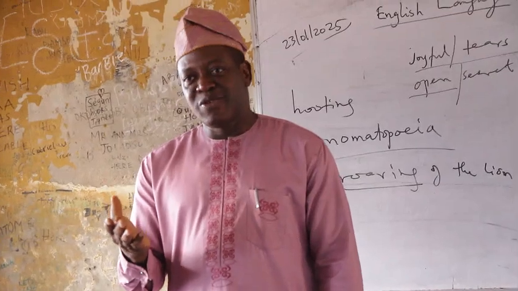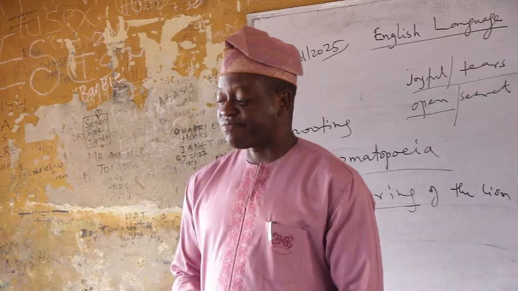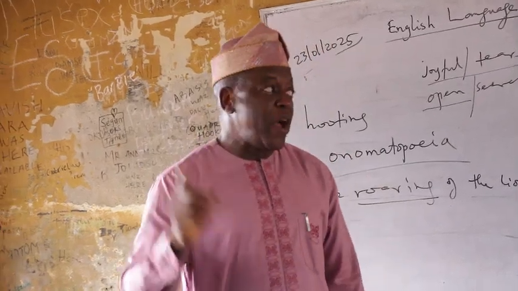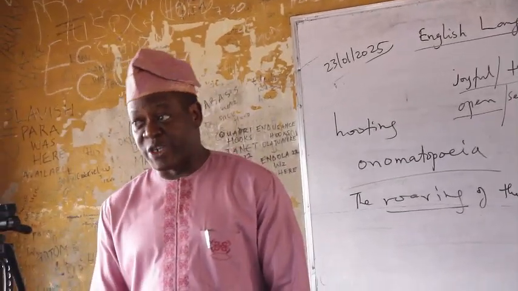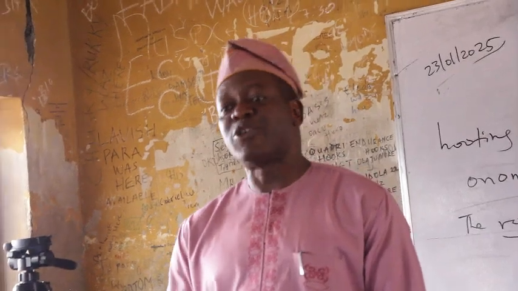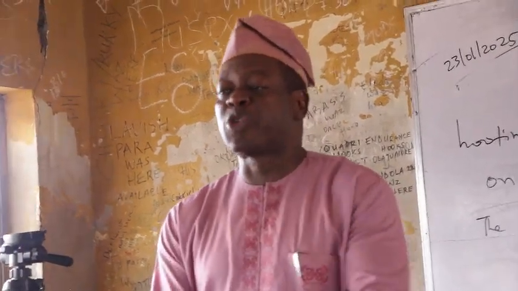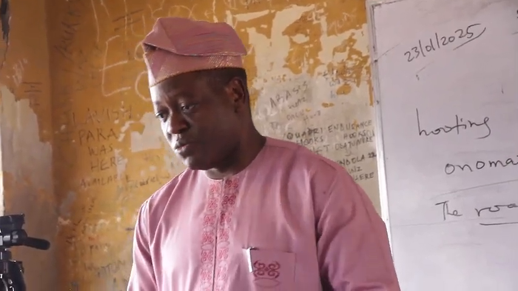And the examiner is magnanimous enough to even say that where there is a word that you cannot replace with your own word, or a phrase which you cannot replace with your own word, you are allowed to use it as used in the passage, but all other words in that sentence will be of your own.